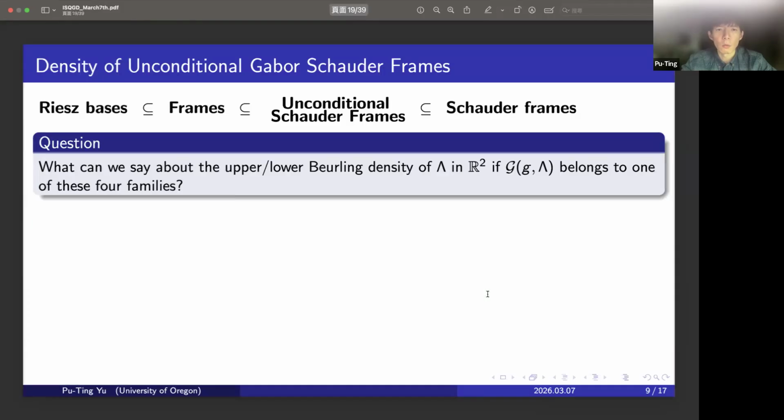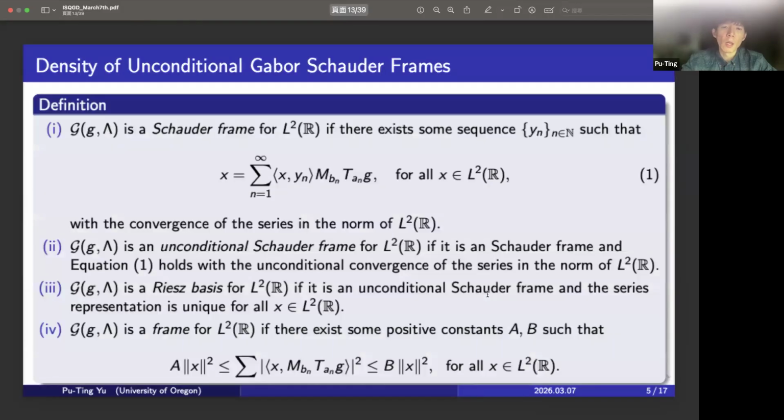Let me go back to the definition a little bit. This is how we define a Schauder frame. But you can imagine, in fact, we can just add whatever points we like into a Schauder frame and then set the corresponding y_n to 0. Then in this case, it doesn't really change this equality here. We can add whatever points we like into the Gabor system without changing this equality. So that being said, we can increase the upper Beurling density to infinity.